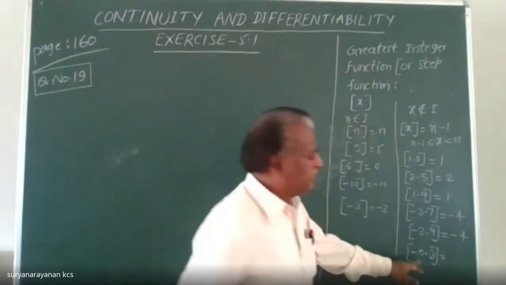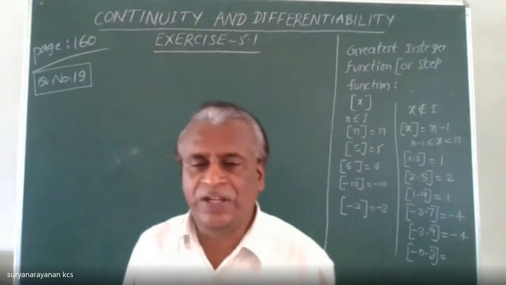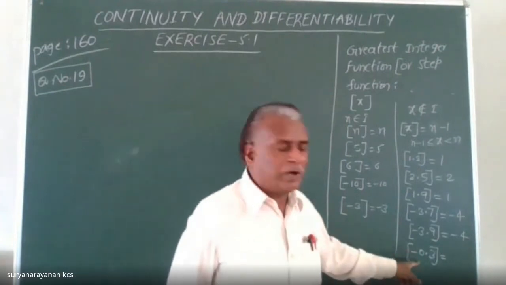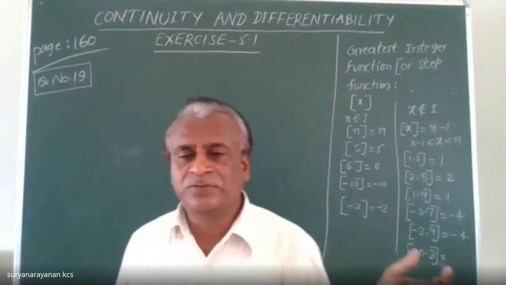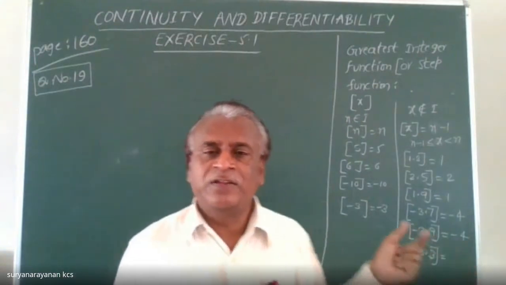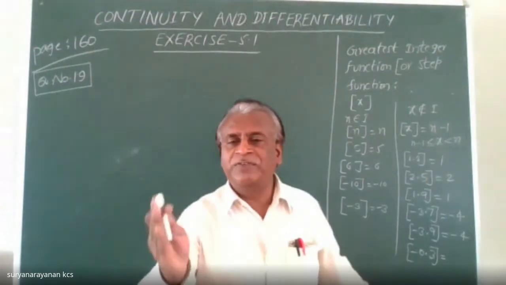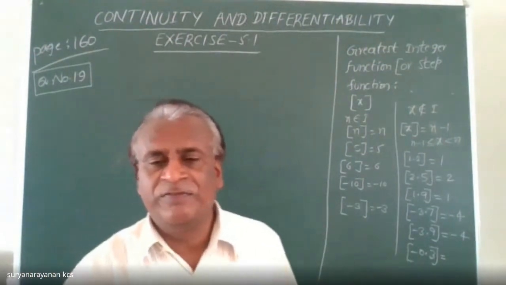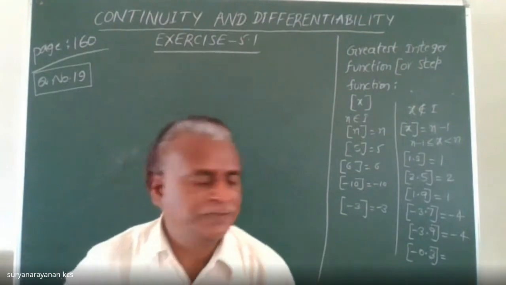Can you tell me the value of this function? Step minus 0.3. You have to identify on the number line between which integers this number lies.